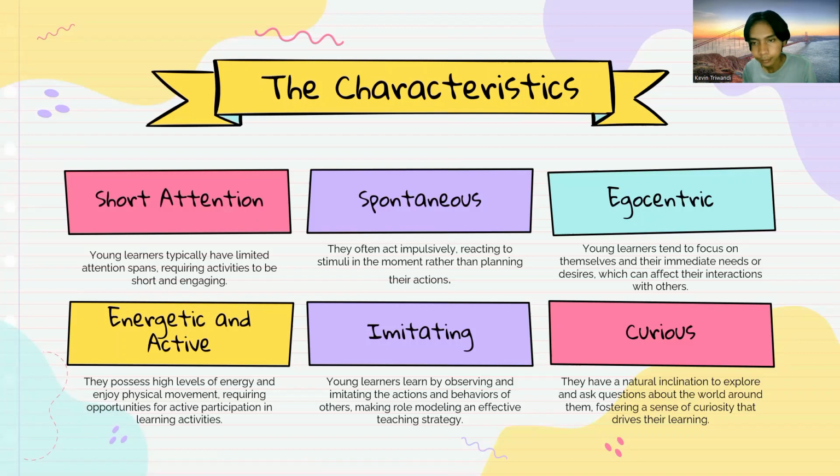For example, if we want to teach them about animals, we just tell them clues about the size or color or something like that. And after that, the students must guess what kind of animal we mentioned loudly.